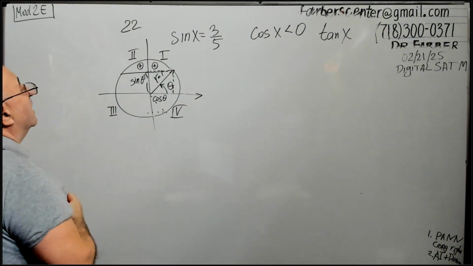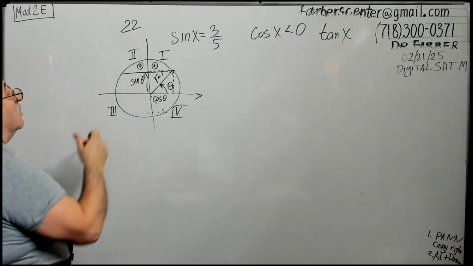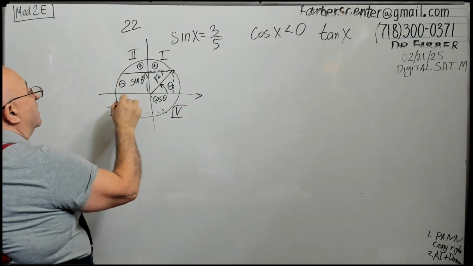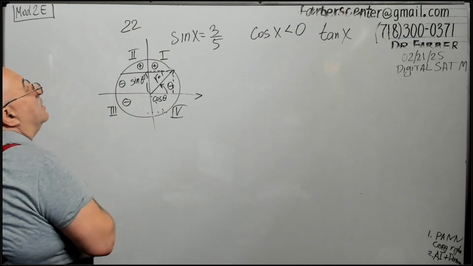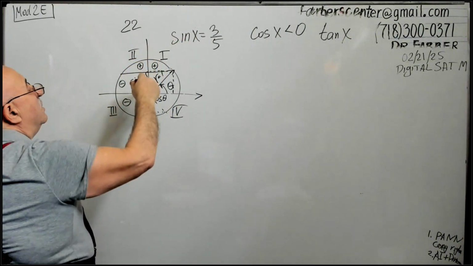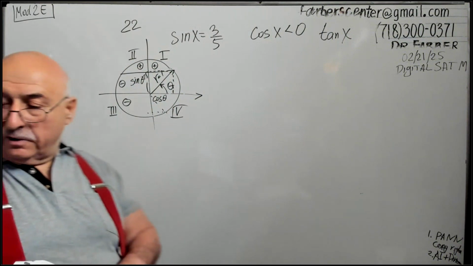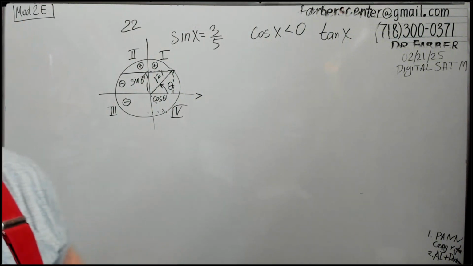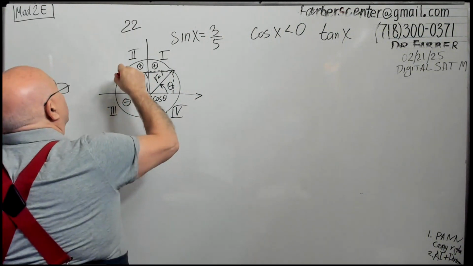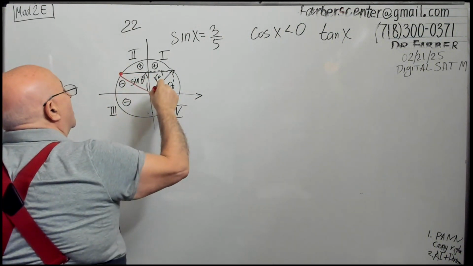And cosine is negative only here and there. So to satisfy both conditions simultaneously, I know for sure that we're talking about an angle which belongs to the second quadrant. This one, this angle.